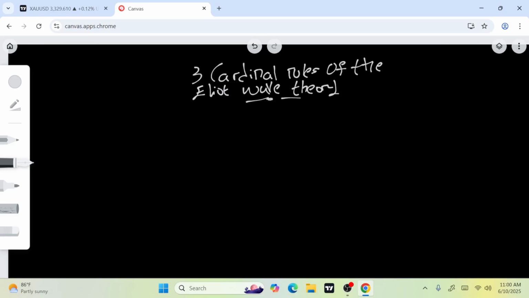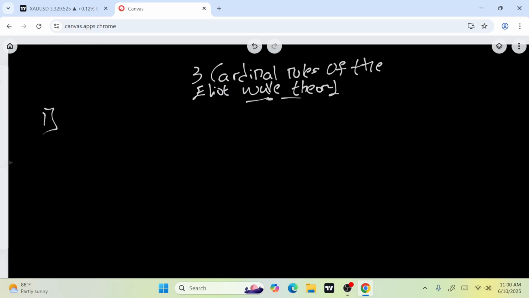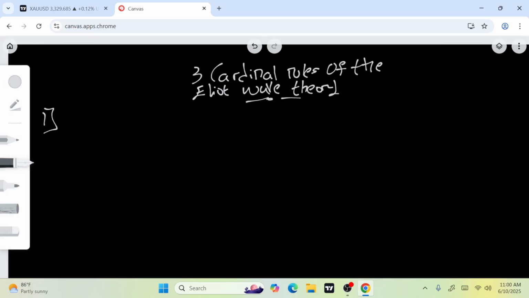Of the Elliott wave theory. Number one rule. We all know what our waves are now. So our wave theory is our corrective wave or motive wave.